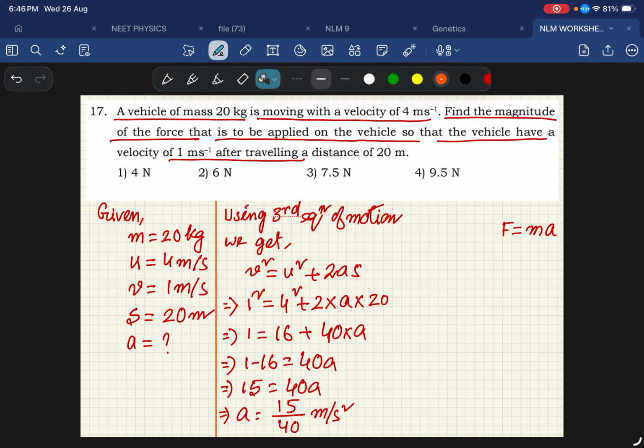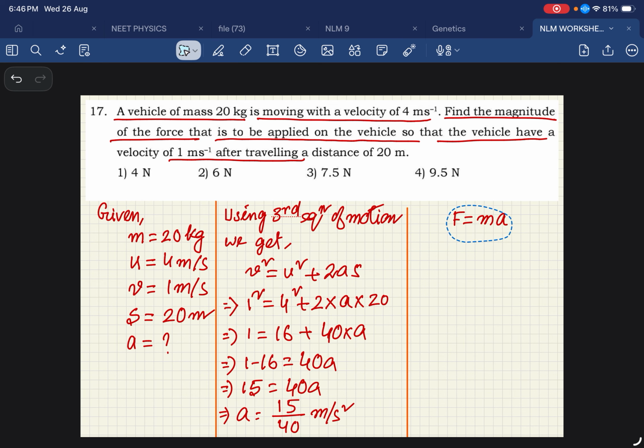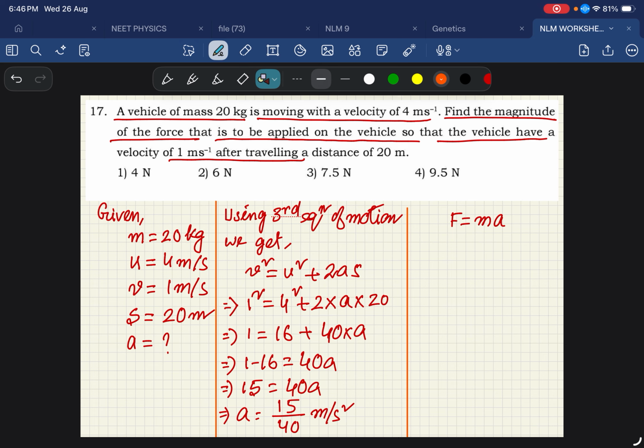Now we are to find the force. We know the formula for force is mass into acceleration. So what is the mass given? As we all know, mass is given as 20 kg. So it is 20 into acceleration, which is minus 15 by 40. My bad, it's minus 15 by 40, so it should be minus.